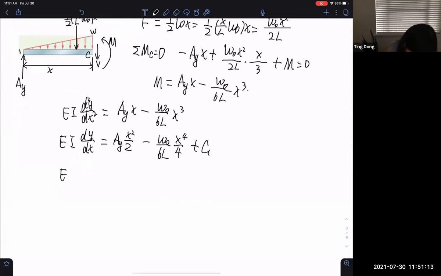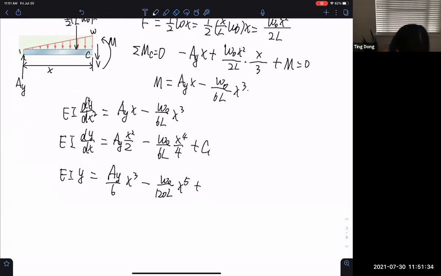Integrate again, EI times y equals terms in x cubed and x to the fifth over 120 L, plus C1 x, plus C2.